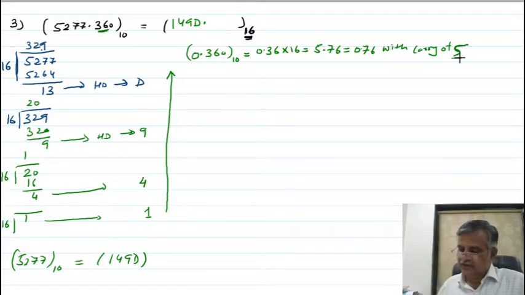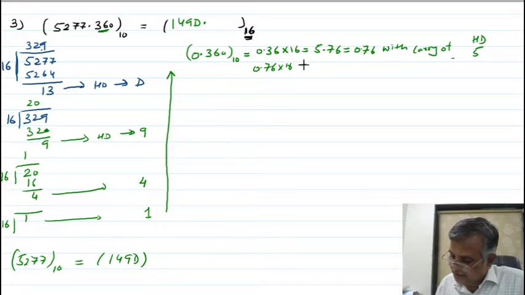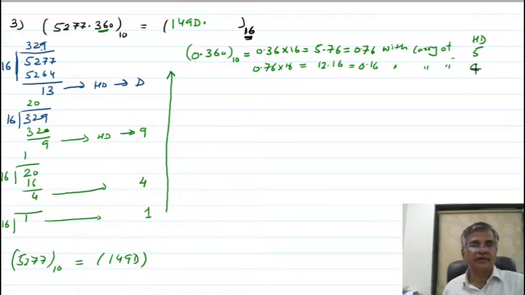This integer 5 in hexadecimal is written as 5. Now 0.76 multiplied by 16, I'll get 12.16, so it is 0.16 with a carry of 12. 12 is C, remember, in hexadecimal 12 is C.